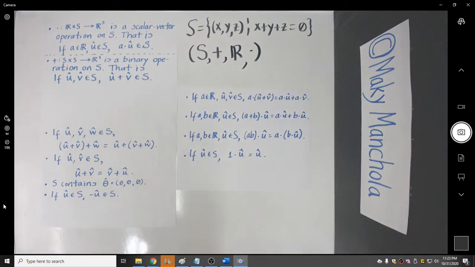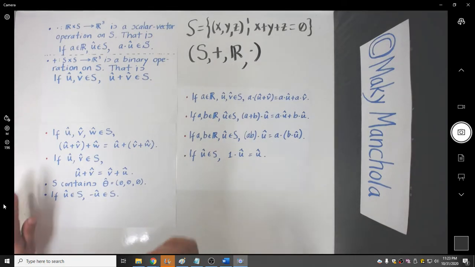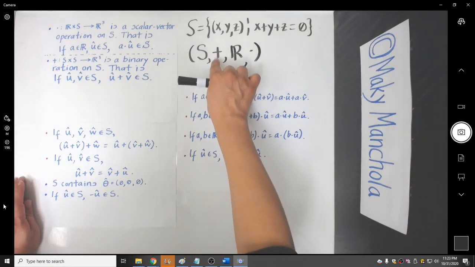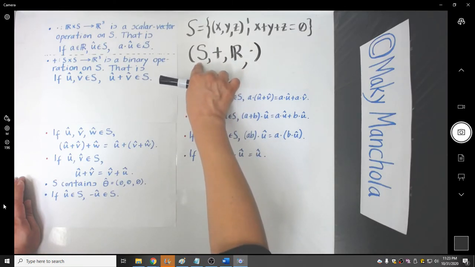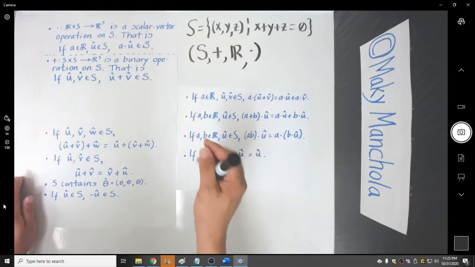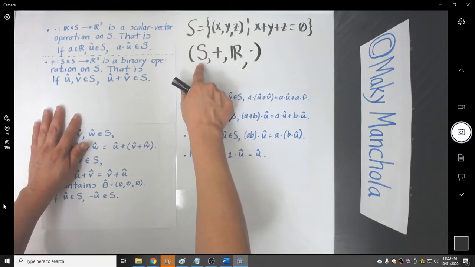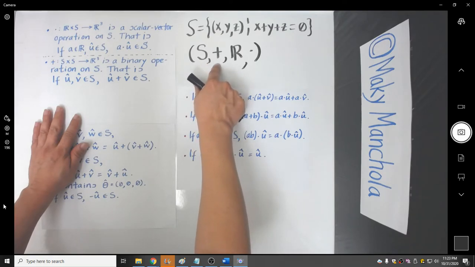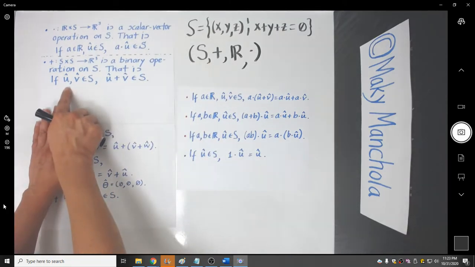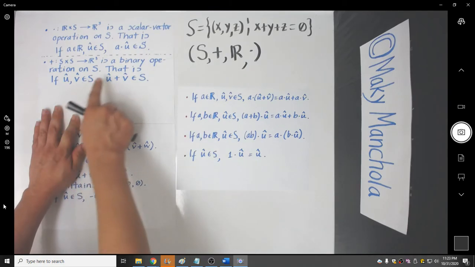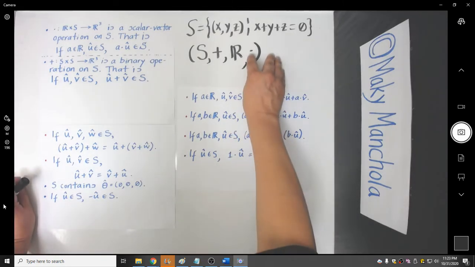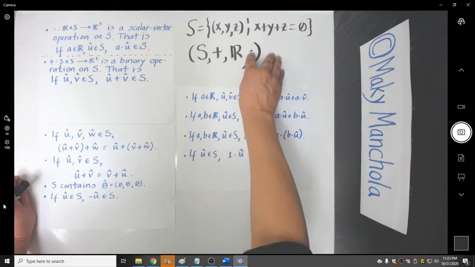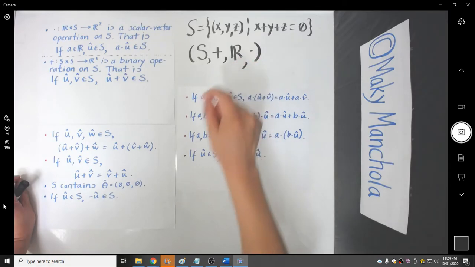Now, first thing we need to ensure is that this operation is a binary operation on S. In other words, we need to show that S is closed under addition. If you have two elements of S, their sum is still in S. But not only that, we know that dot is a scalar product of real numbers by elements of R3.